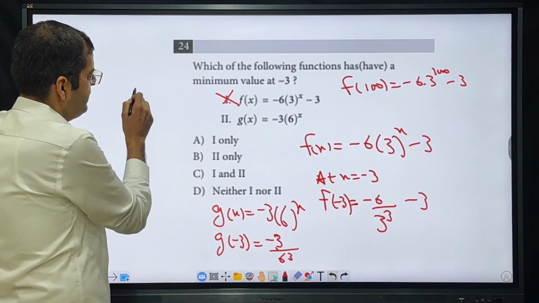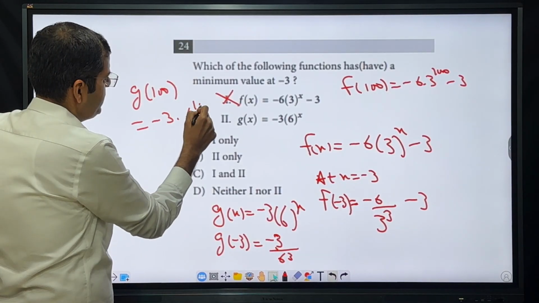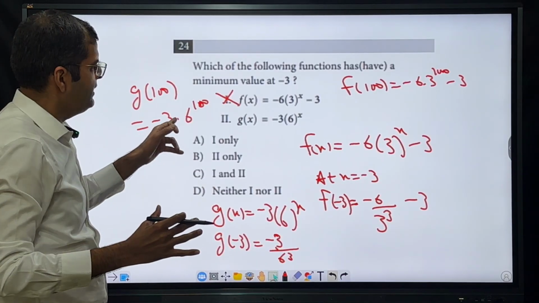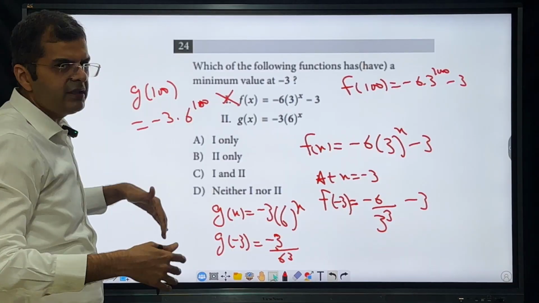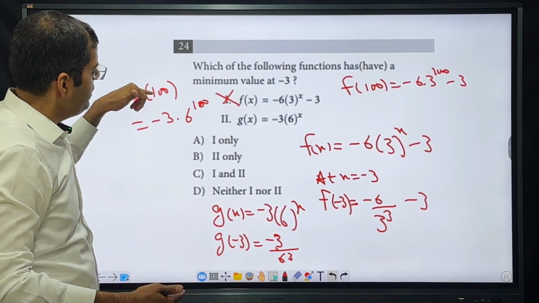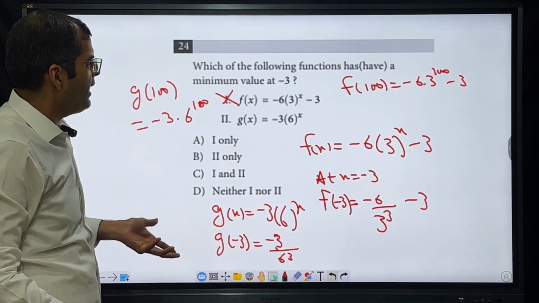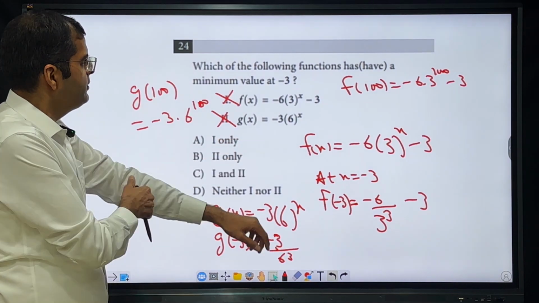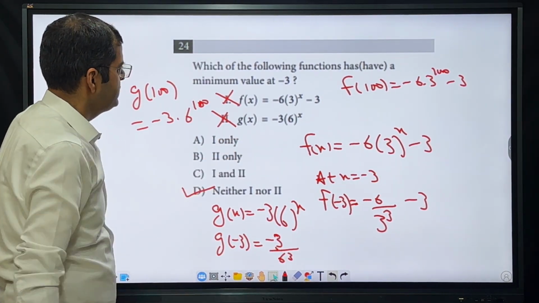Let's say I put x as 100. So what is g of 100? That is minus 3 into 6 raised to 100. 6 raised to 100 will be a very big number, and you multiply minus 3 by that, it will give a very big negative number. So that means a very small number. So this value g of 100 is much smaller than g of minus 3. So you do not get the minimum for g of x also at x equal to minus 3. Okay. So neither 1 nor 2 is the answer here.